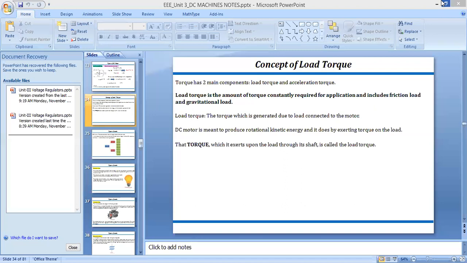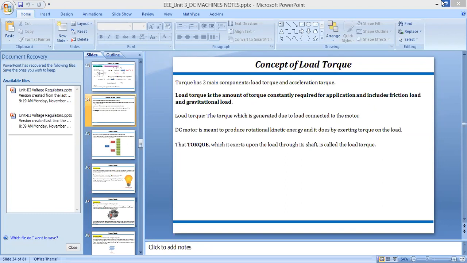Then we have seen about the types of DC motor. Series and shunt are two different types of the DC motor. In a series motor, the power supply is given to the DC motor, and the same supply goes to the field winding.